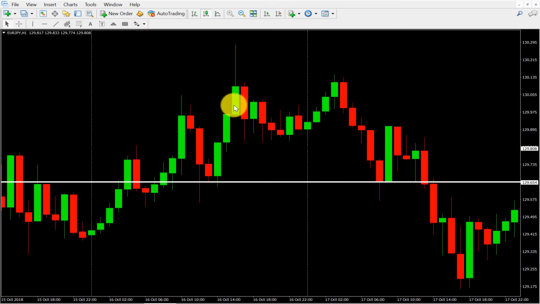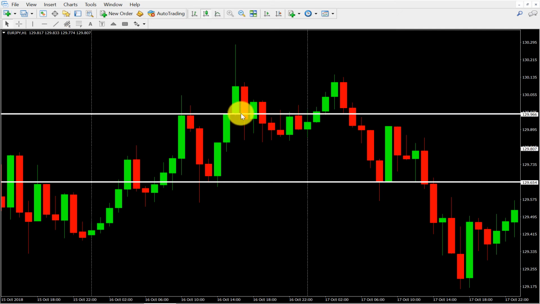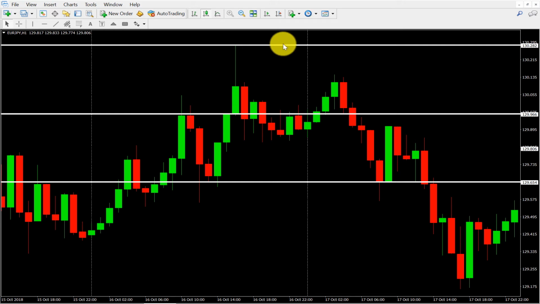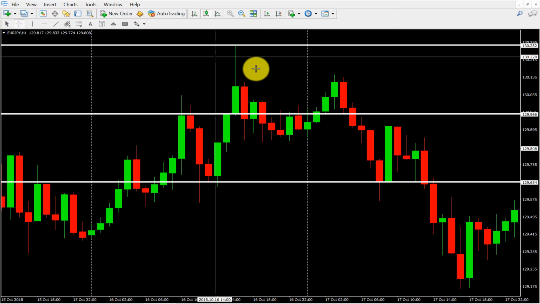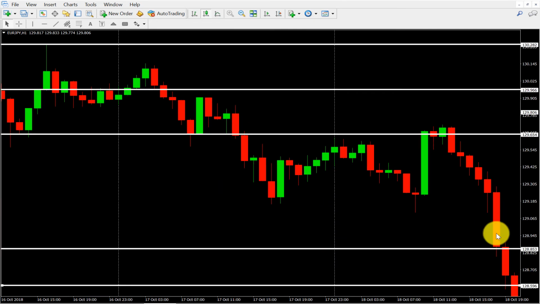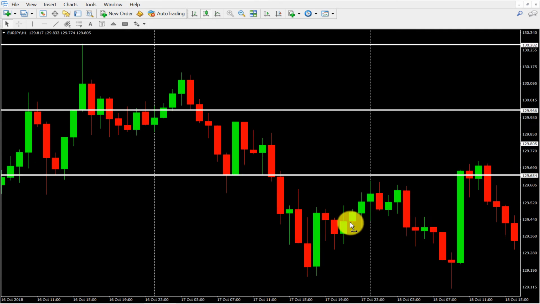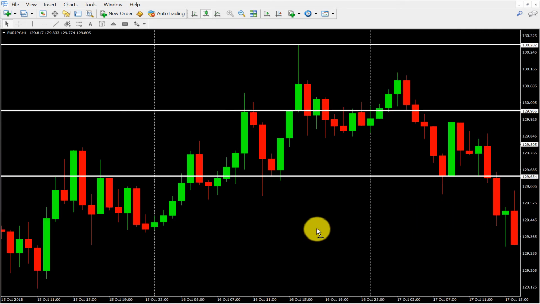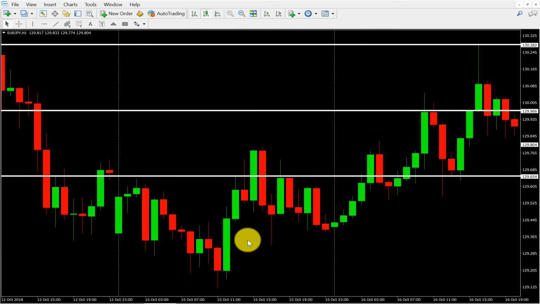Although the body is not so small, we can still place a trade here. If we place a sell stop here and a buy stop here, it didn't touch our buy stop but it touched our sell stop. If we took this trade, it would be only 32 pips risk, and we could get more than 74 pips. The price broke down like a storm, so we could get more than 1:10 risk reward.